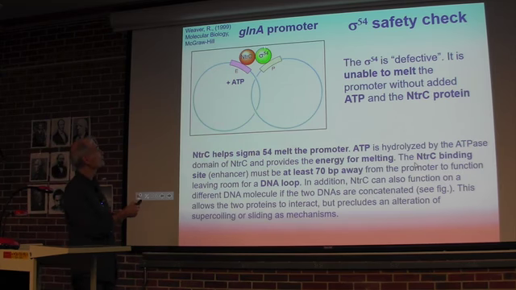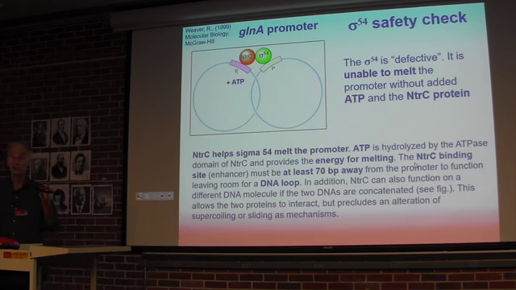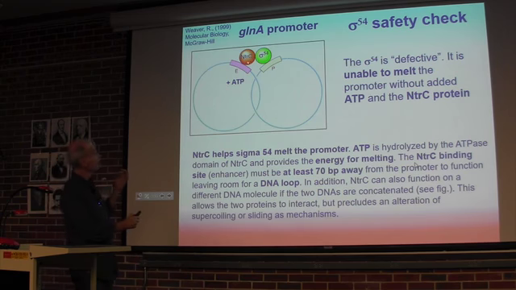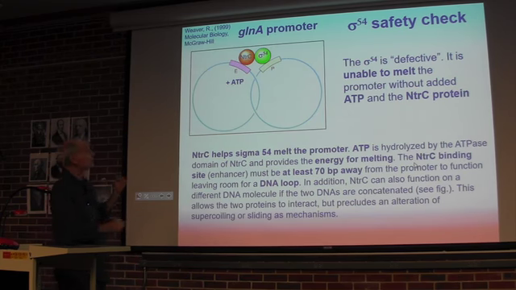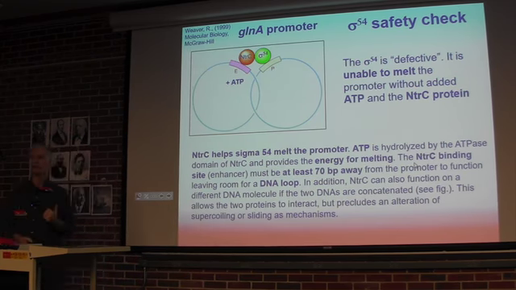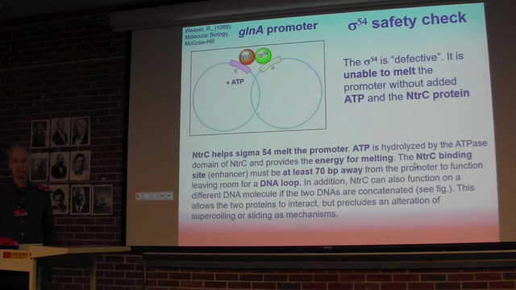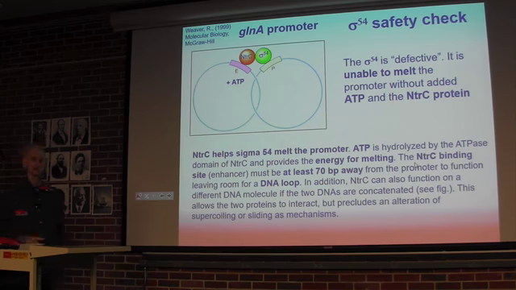It has to be upstream, the binding site for NTRC, but it doesn't have to be physically on the same piece of DNA. This is an example where you have concatenated plasmid DNA and you still get activation. In addition, it absolutely requires ATP. So ATP and NTRC are required to melt a promoter recognized by sigma 54.